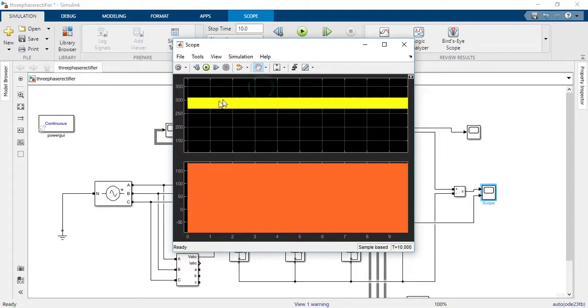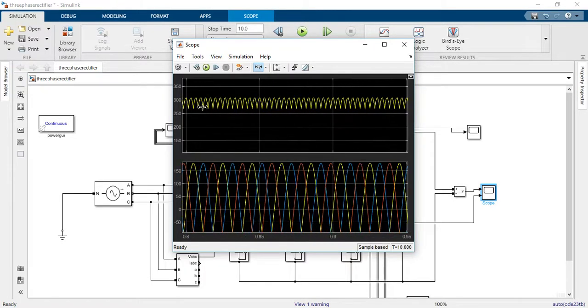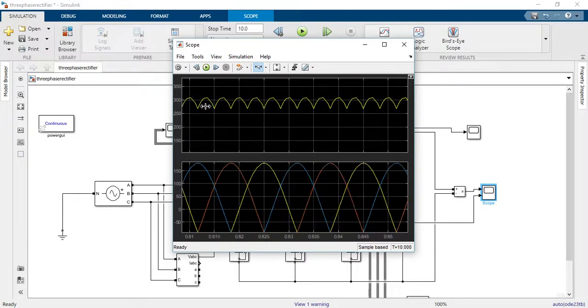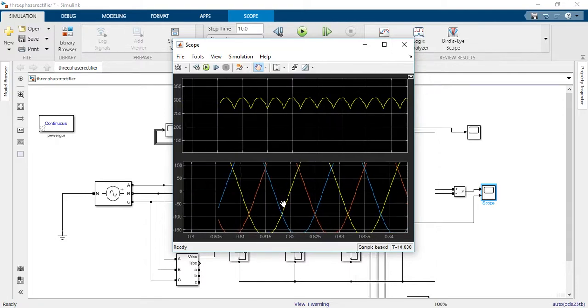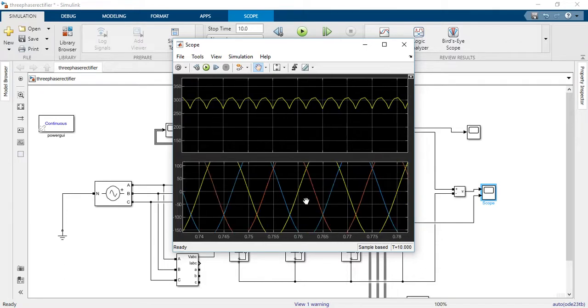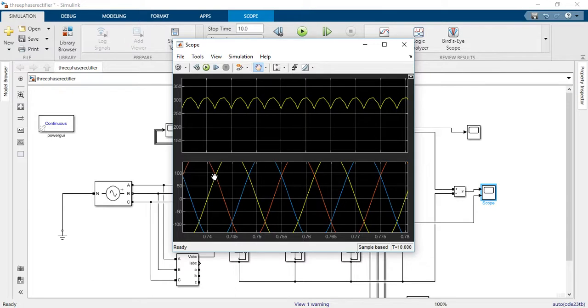And now you can see here the input voltages. So these are the input voltages. These are the points in which the diode is switching on and off.